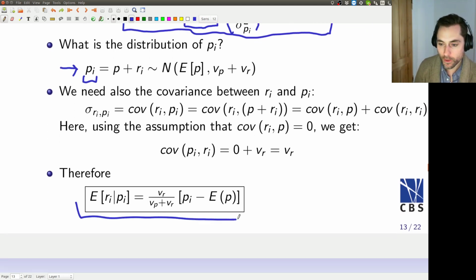So what is the best that a firm can do, conditional on Pi, about its guess of Ri? It's just going to be Pi minus the expected average price level. The firm doesn't observe this, but they have an expectation over it. Scaled by the variance of the relative price divided by the variance of the relative price plus the variance of the average price level. All things that the firm knows.